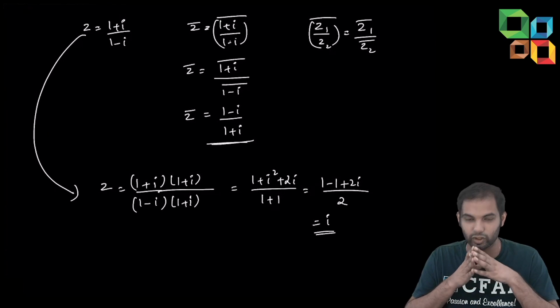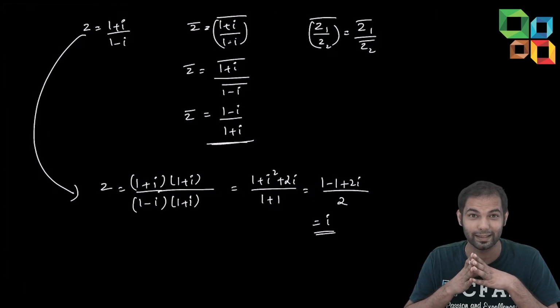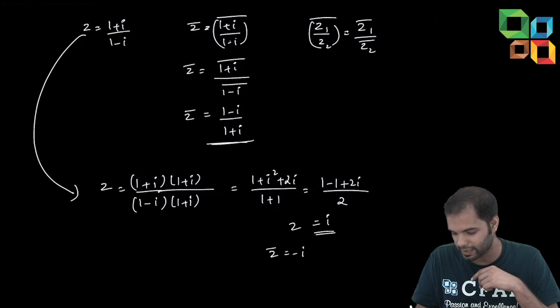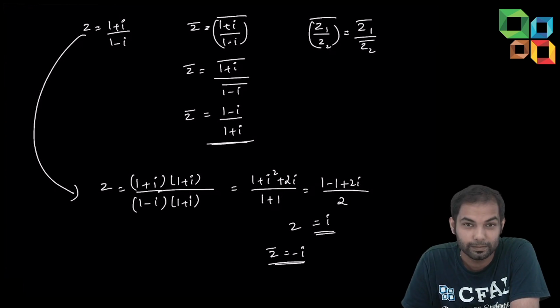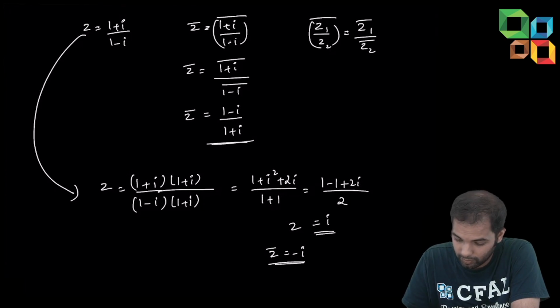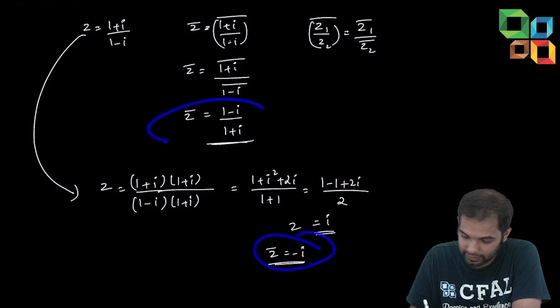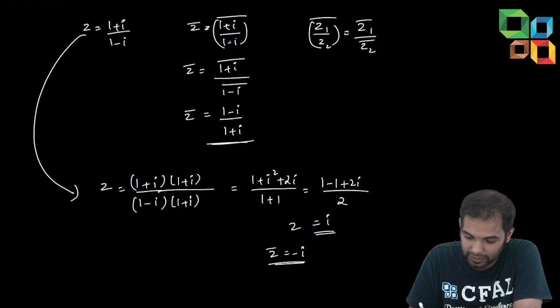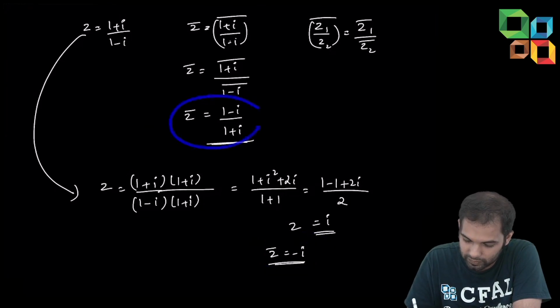Can you see the actual complex number we are talking about is nothing but i. So when we talk about z bar, it is nothing but minus i. Now you may say, I got minus i here and this here. Are they same or different? Let us try to simplify it here.